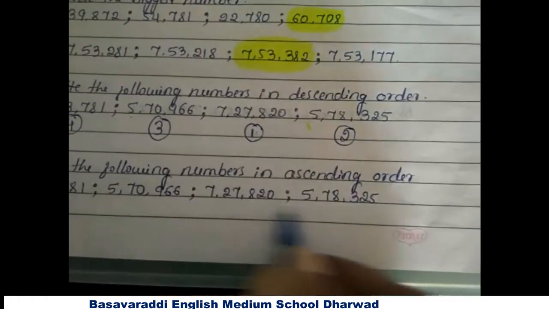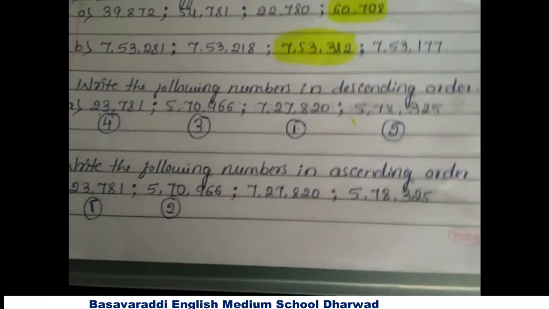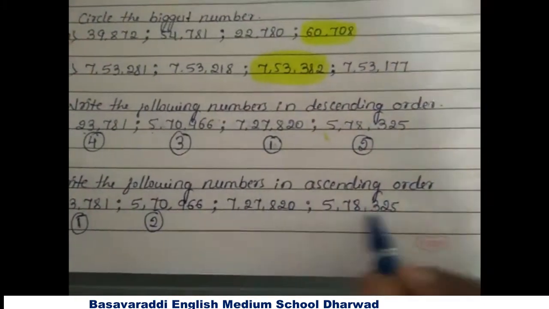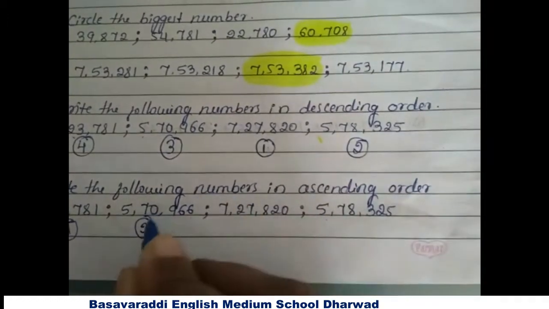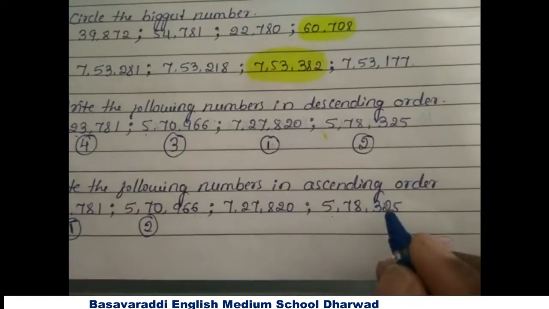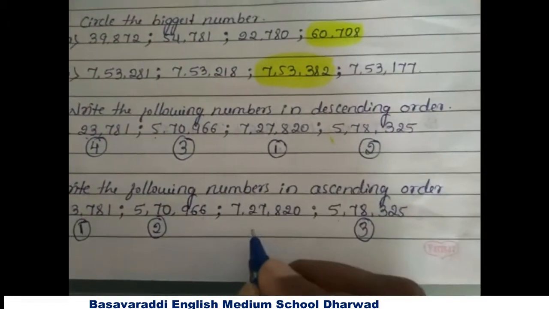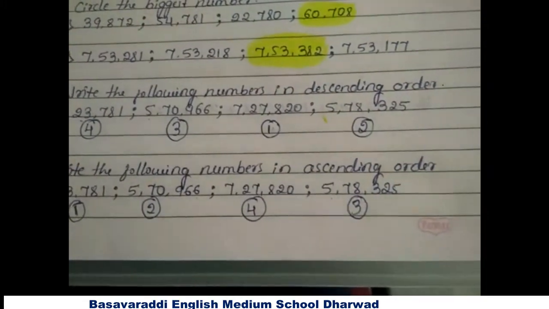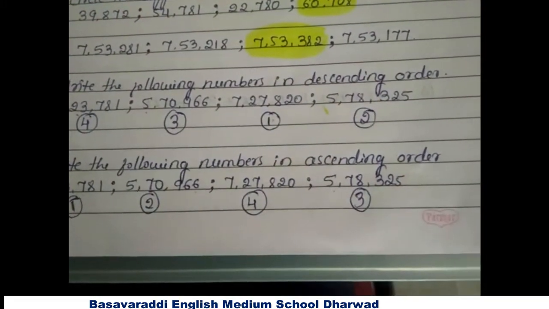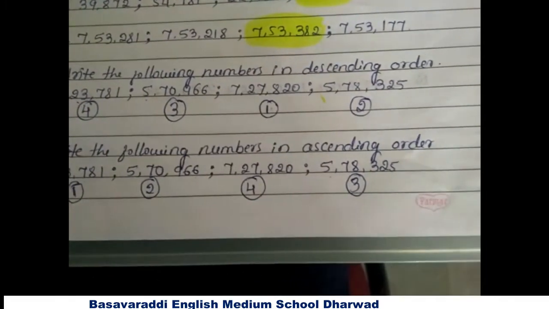Next, this one is bigger than 23,781. 5,78,325 is bigger than 5,70,966, so it goes to the third place. The last one, in fourth place, is 7,27,820. Yes, we arranged the numbers in ascending order.